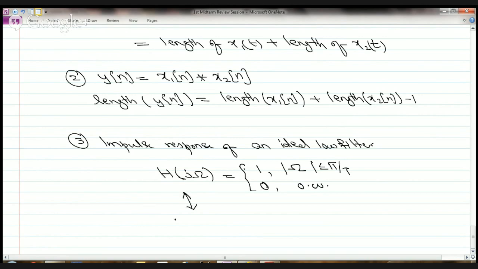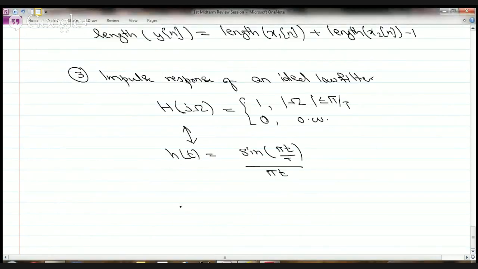Then the inverse Fourier transform of that is a sinc function: sine of pi t over capital T divided by pi t. That is why the impulse response of the ideal reconstruction filter has an additional capital T factor, because the height of the ideal reconstruction filter is capital T. So those are some of the things.